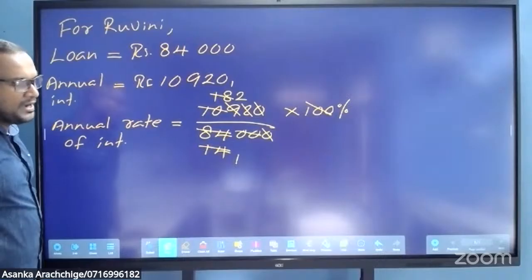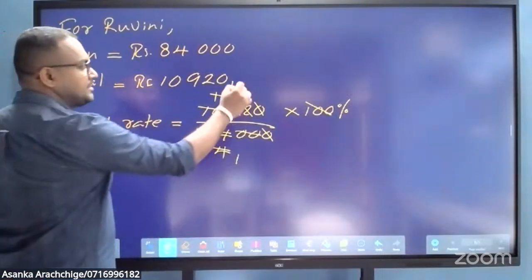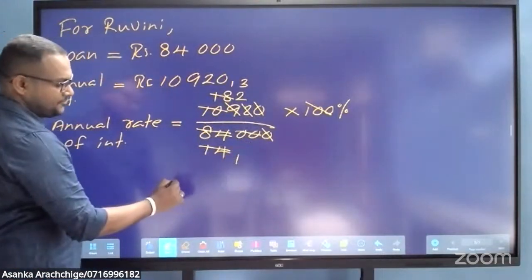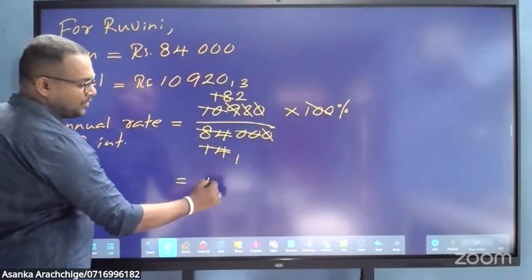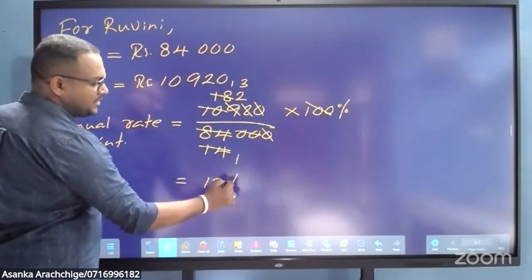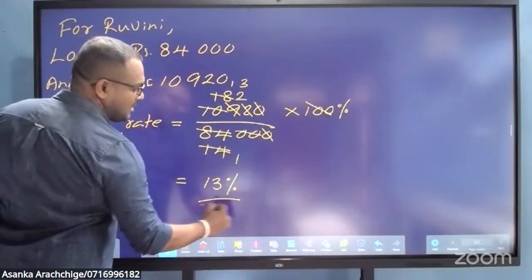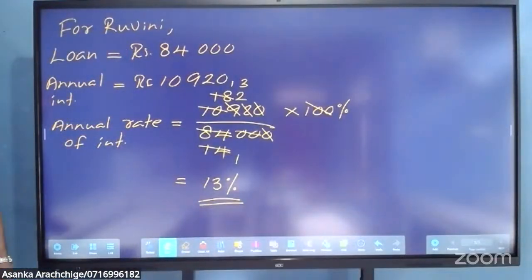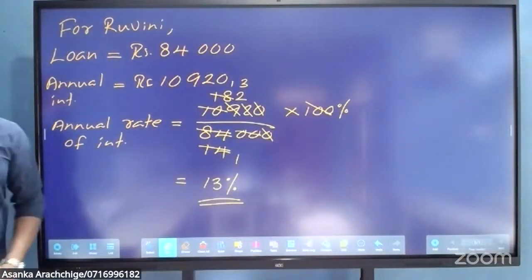And 4 and 2, 42. 14 times 3. Therefore, the annual rate of the simple interest charged by the financial company from Ruvini is 13%. Is your answer correct? 13%.